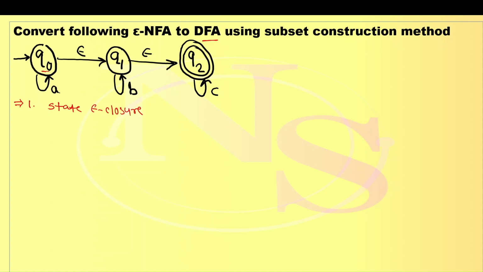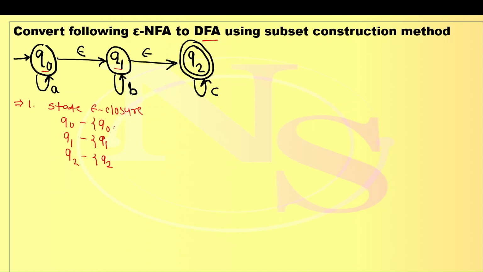How many states are here? Q0, Q1 and Q2. So write them down: Q0, Q1 and Q2. The epsilon closure of any state is nothing but a set of states including itself. For example, here the epsilon closure of Q0 is first Q0, similarly here first Q1 and here first Q2.